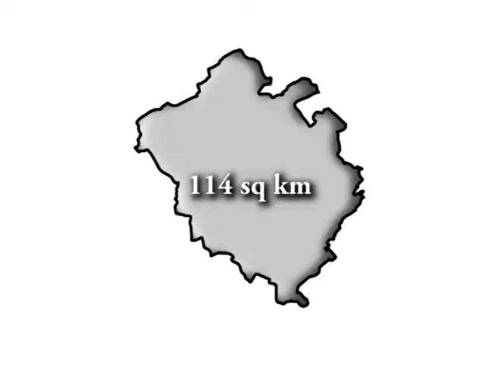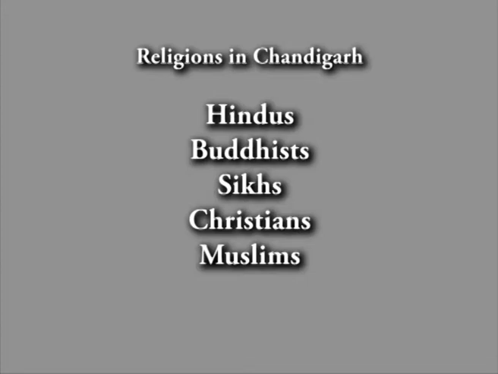The geographic area of the Union Territory is about 114 square kilometers, of which the forest cover is about 34 square kilometers. By area, it ranks 5th in the country among the Union Territories. Chandigarh houses people of all religions, namely Hindus, Buddhists, Sikhs, Christians and Muslims.